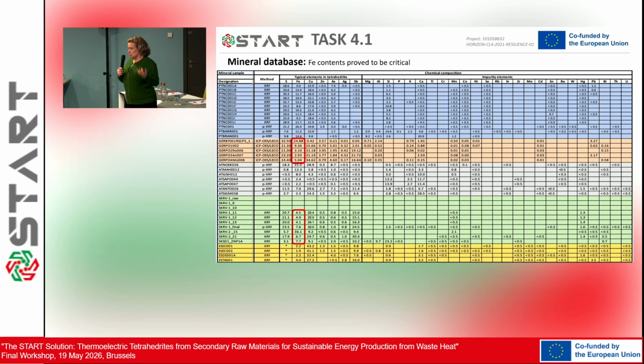Although there's some synergy with other elements, but I'll explain it later. And the amount of iron can be quite high, depending on the minerals. But the ones from Slovakia had around, it varied, depending also whether the mineral was concentrated or not. But it ranges 4, 5, 7 is what we had in the samples that were given to us.